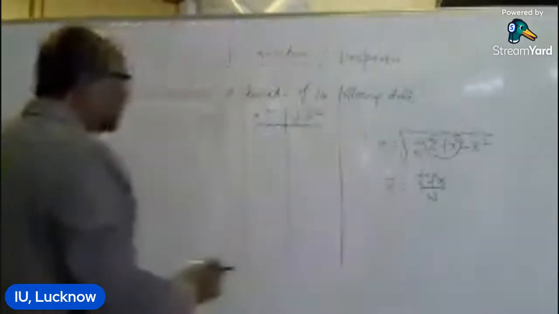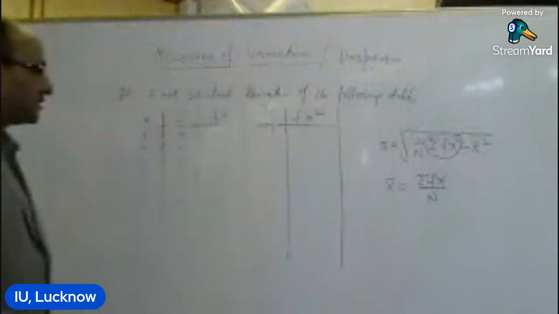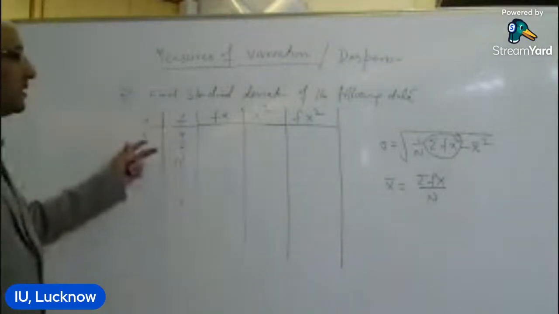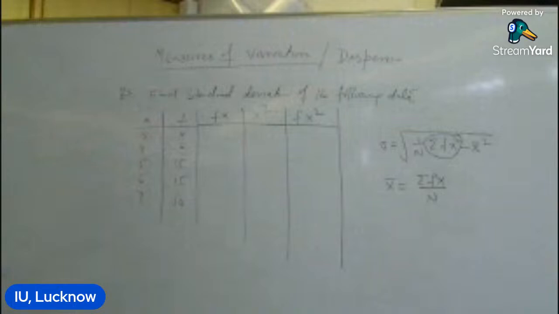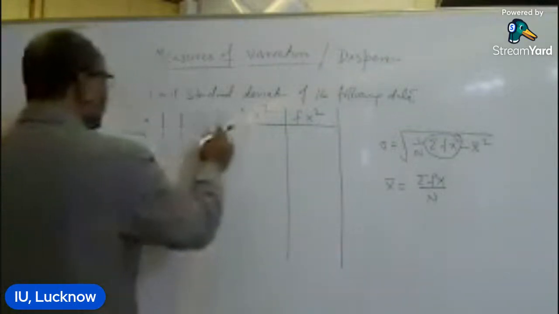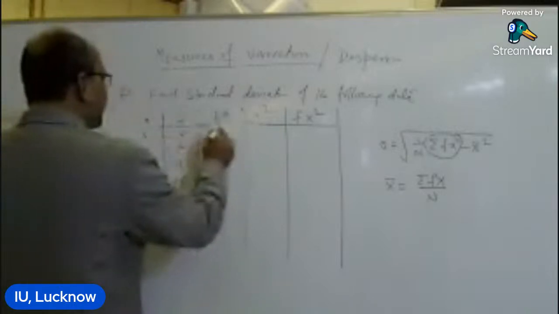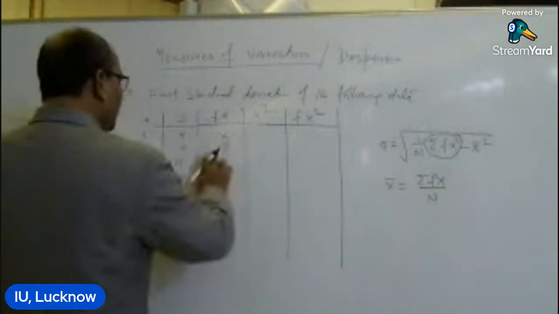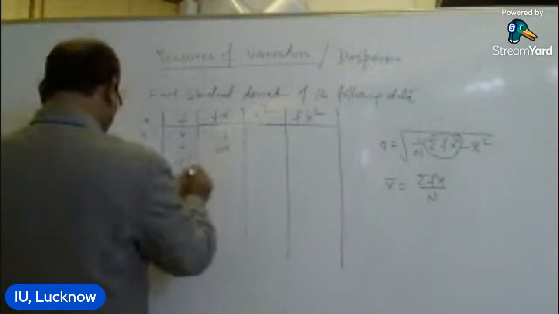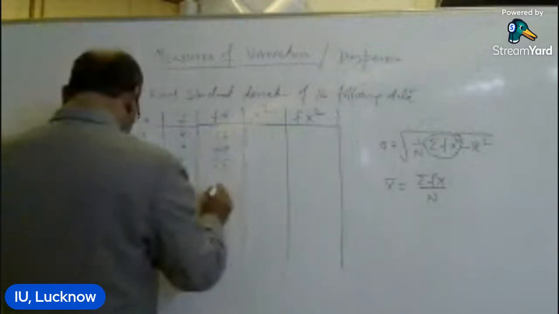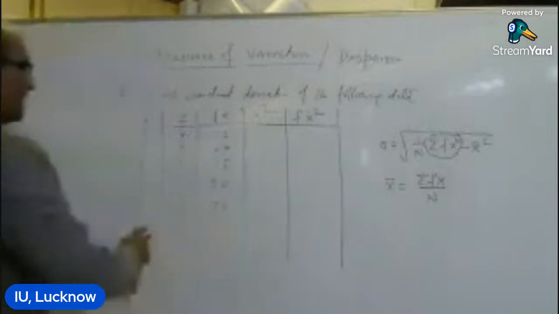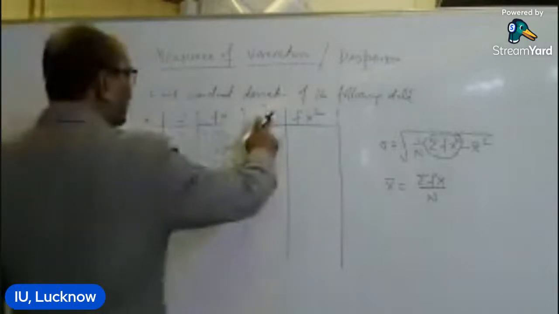So we just compute this calculation from the given values of x and f. Fx is what? This is 12, this is 12, this is 24, this is 75, 90, and 70. That is f into x.